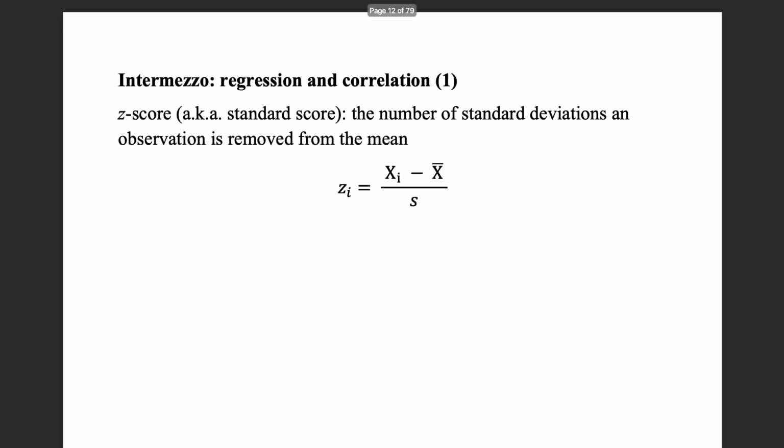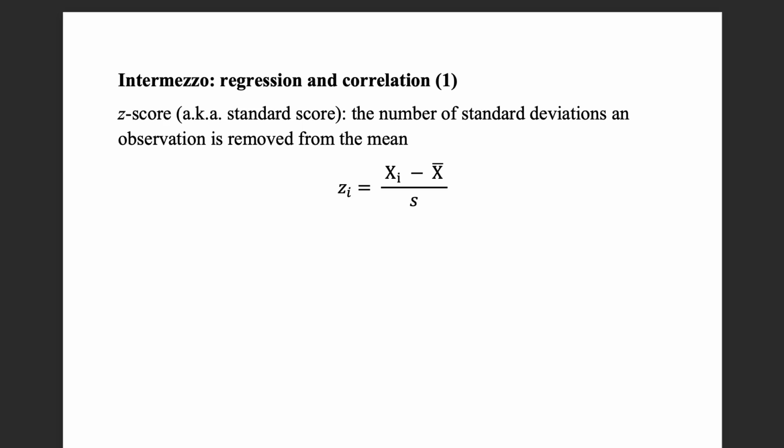So just a refresher, how do we calculate a Z-score? A Z-score for a specific case i is the observation for that case i on some variable x minus the mean value on that variable x that we observe in our sample, divided by s, the standard deviation. So you can see with this formula that it nicely expresses exactly what the interpretation of a Z-score is.